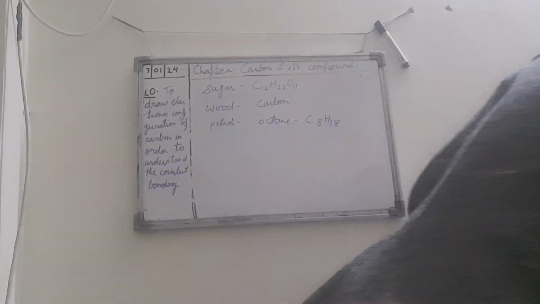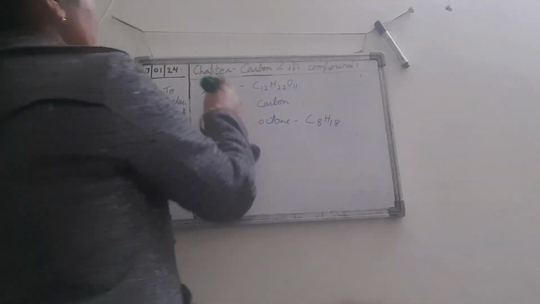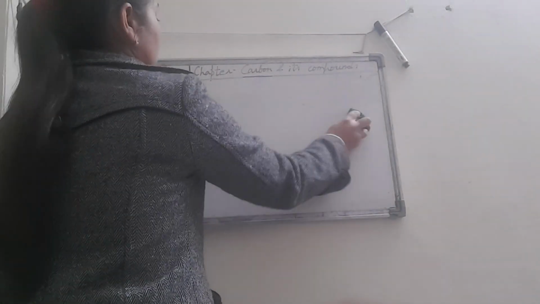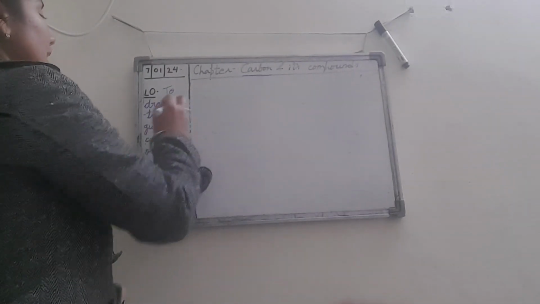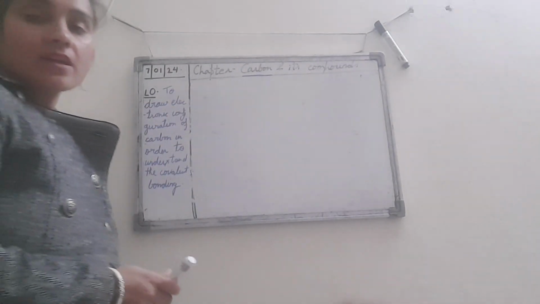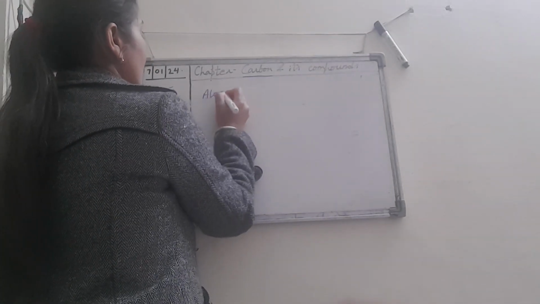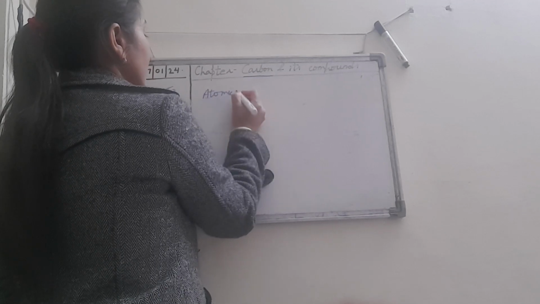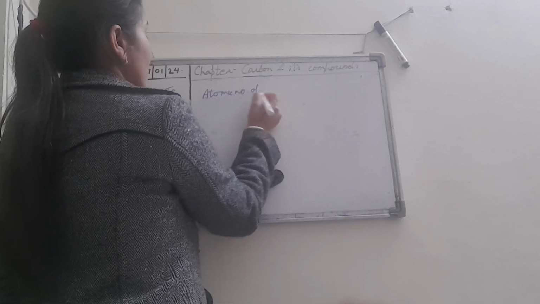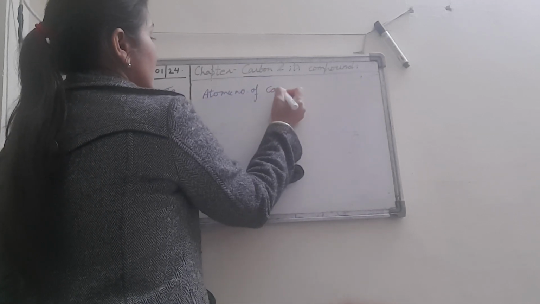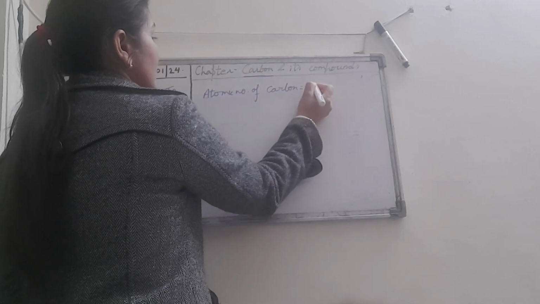So now, first of all, we will discuss the electronic configuration of carbon. For that, you know the atomic number of carbon. Atomic number of carbon is 6.